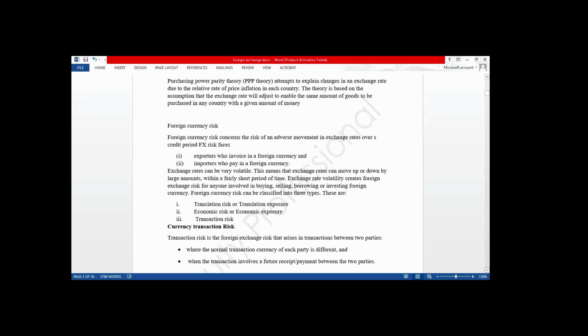This volatility in exchange rates gives rise to foreign currency risk for anyone involved in buying, selling, borrowing, and investing in foreign currency.